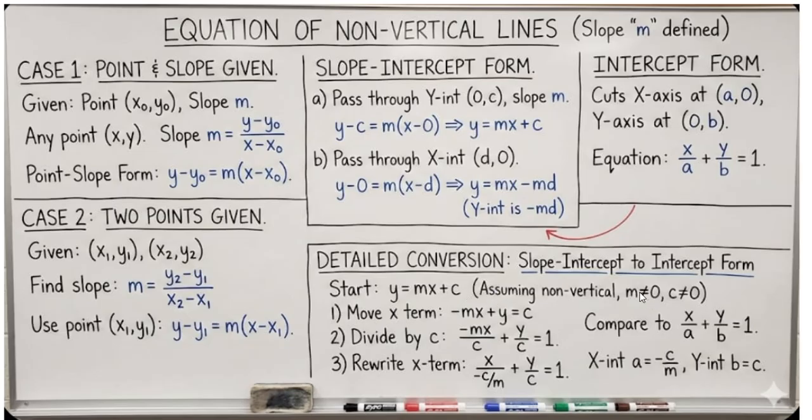In that case m is equal to 0, but we are taking m not equal to 0, and c not equal to 0. Therefore the x-intercept should be there. This is the idea here.